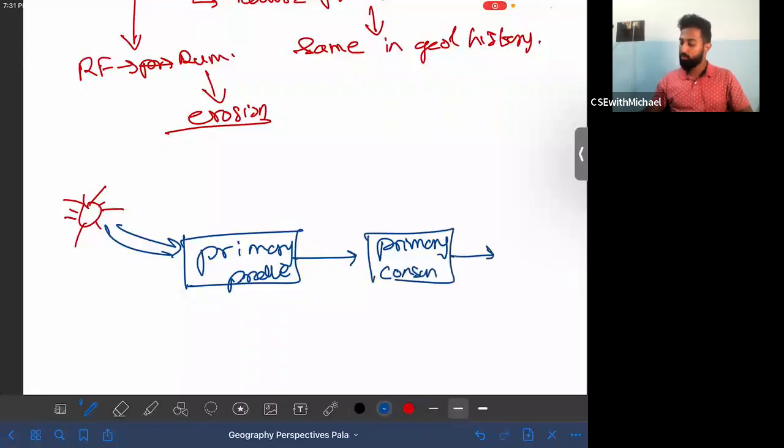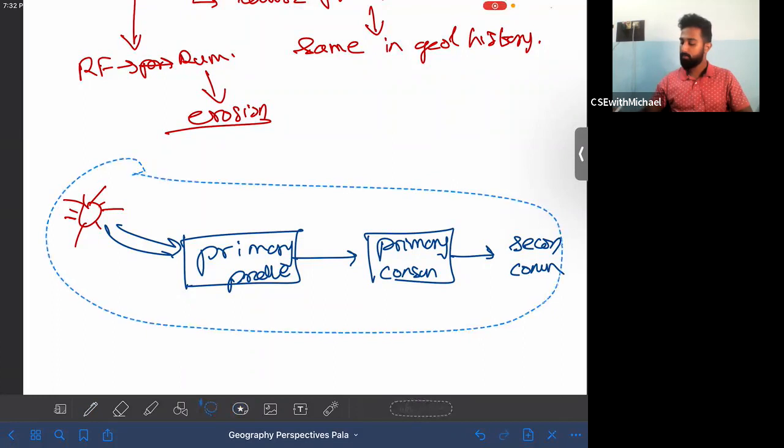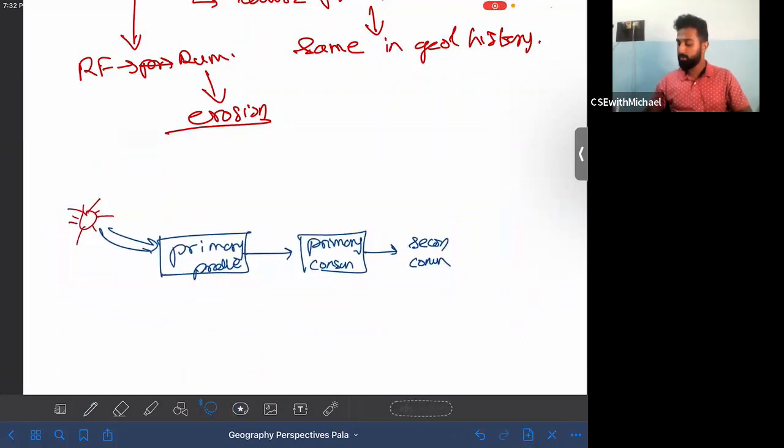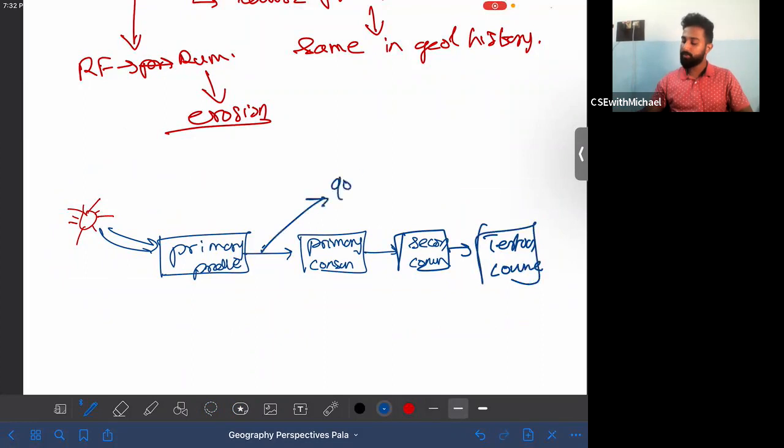Then there would be the secondary consumers, and usually a tertiary consumer too, in an extensive food chain. At each stage, about 90% of energy is lost, and only 10% is transferred.